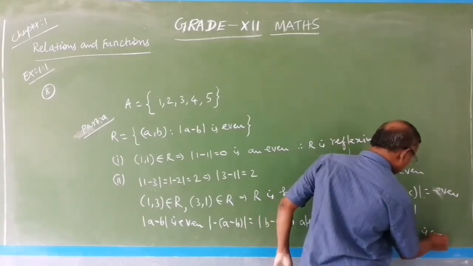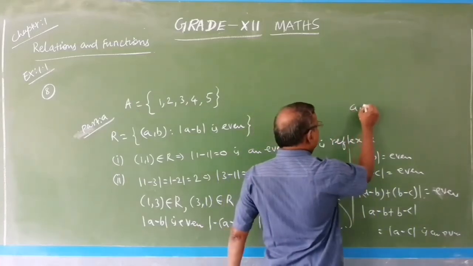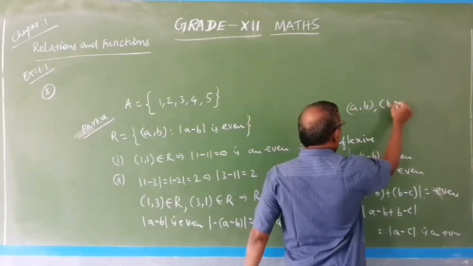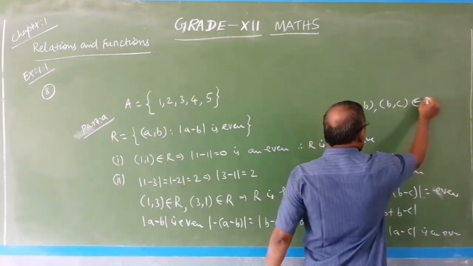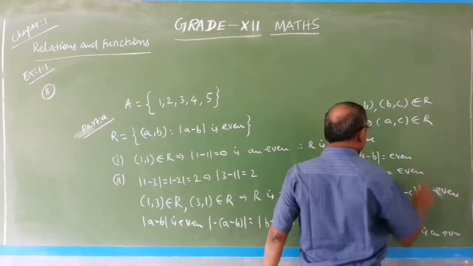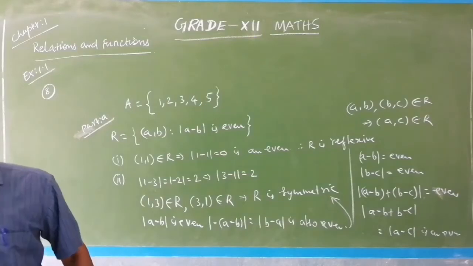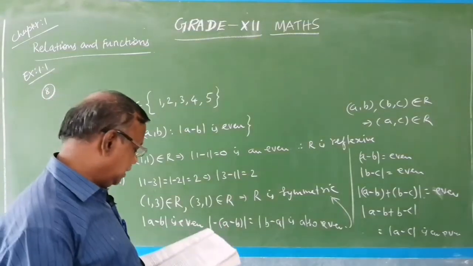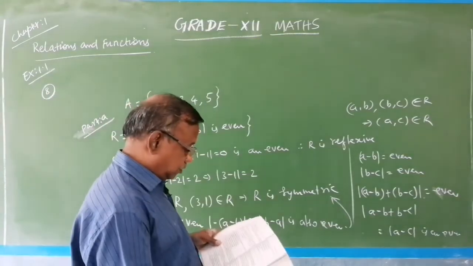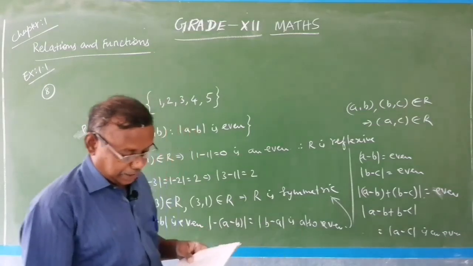Clearly it is even. So, for every (a, b) and (b, c) belonging to R, this implies (a, c) belongs to R. Therefore, R is transitive also. So, R is reflexive, symmetric as well as transitive. So, we have R is an equivalence relation.